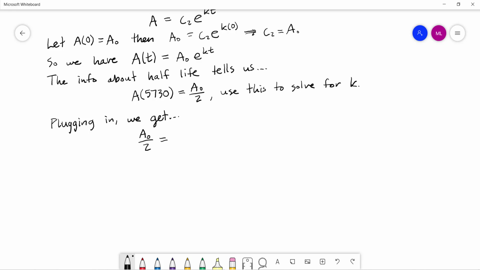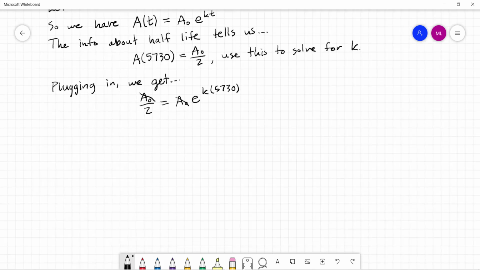That's the left-hand side, A of t. On the right-hand side, we have A0 times e to the k times 5,730. And right now, we can cancel our A0s. They're completely gone from the equation. We don't care about those anymore.